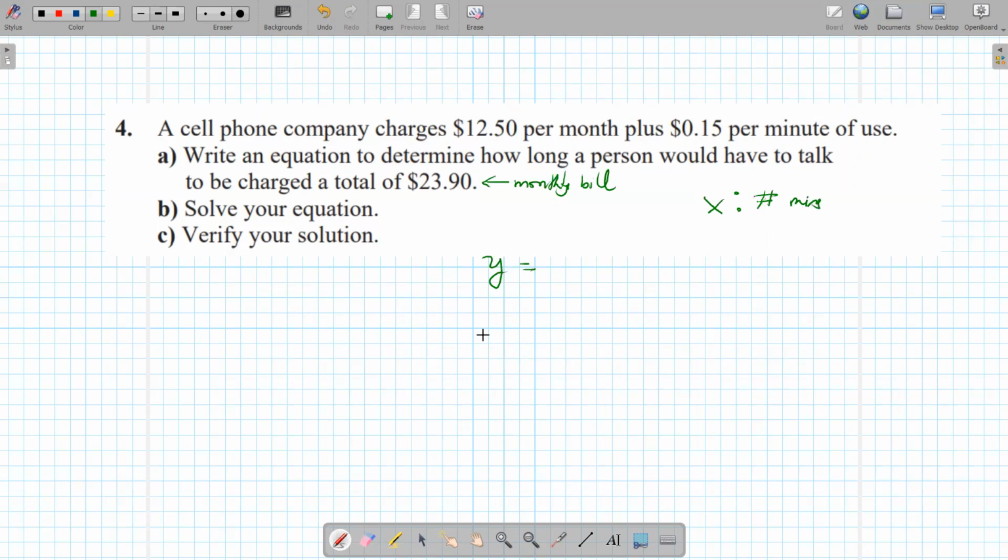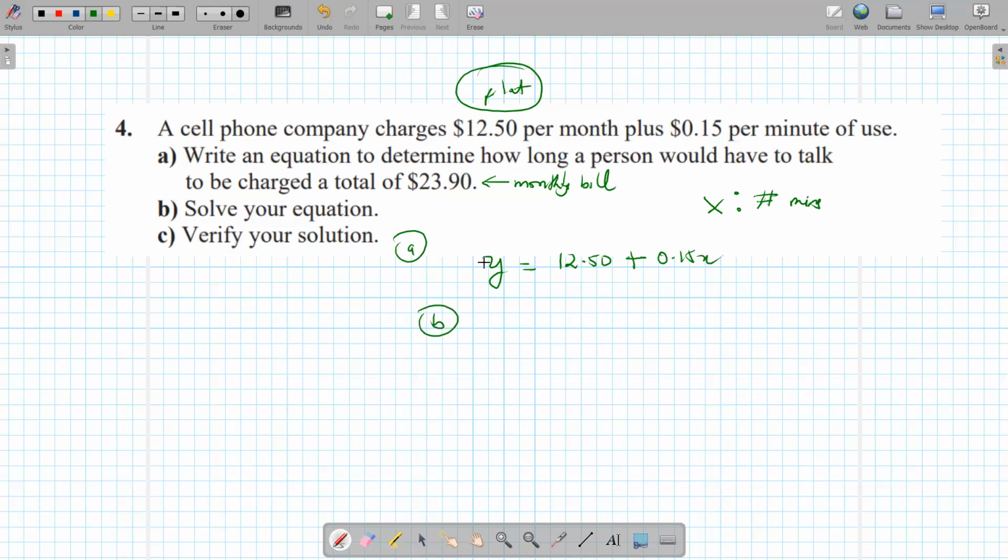So what could be an equation here in this case? 12.5 plus 0.15x. So 12.5 is going to be your y-intercept because in a month you only pay this once. This is your flat fee monthly, right? This you have to pay no matter what. The bill will depend on the number of minutes that you talk. So there you go. That's the answer to A.